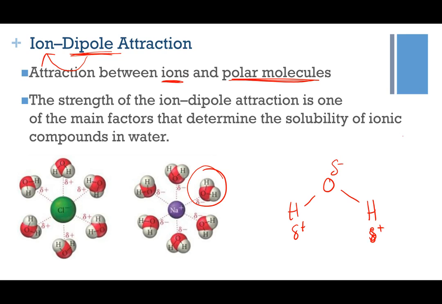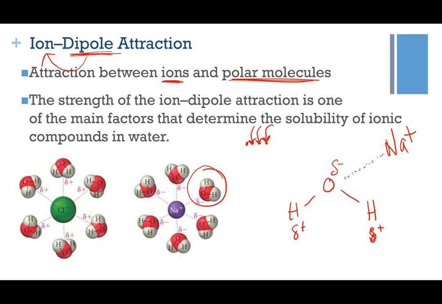If the attraction between an ion, for example, an ion of sodium, and the partial negative on oxygen is strong enough, what we'll see is that the water is strong enough to get between these sodium and chlorine molecules, bust them apart, and dissolve them in the water.